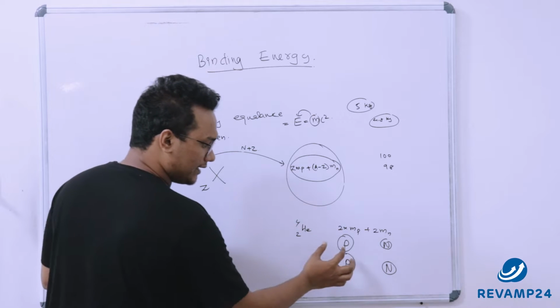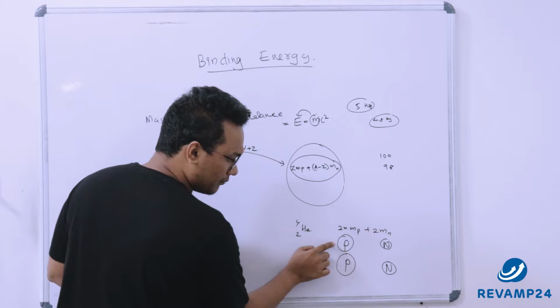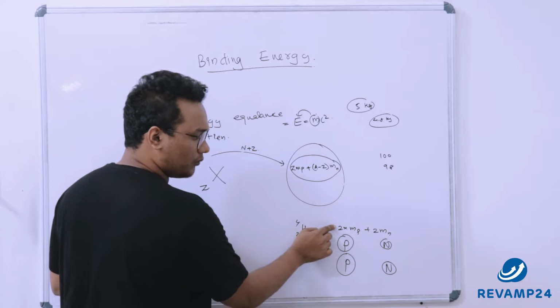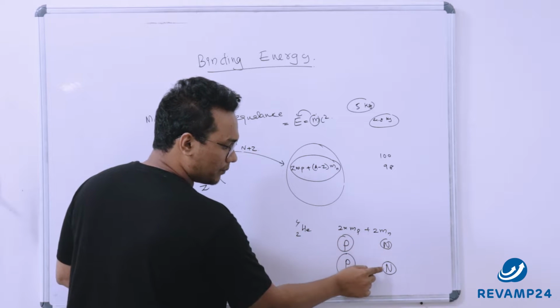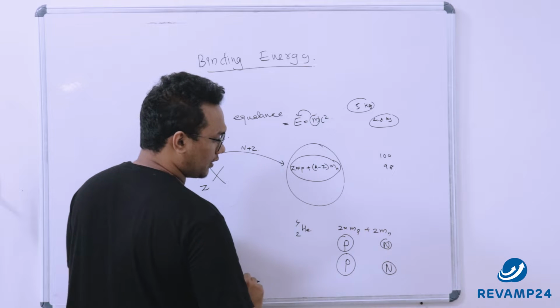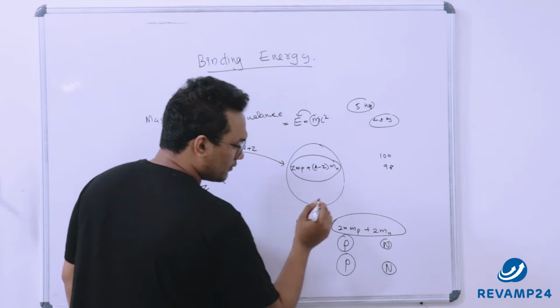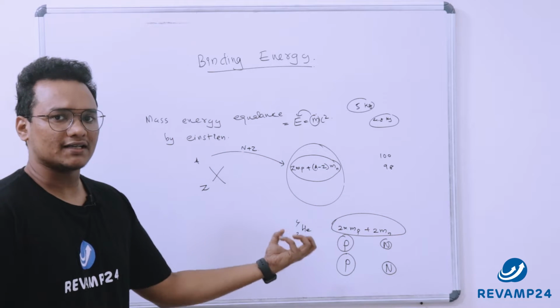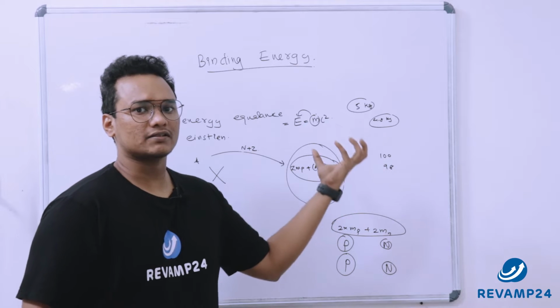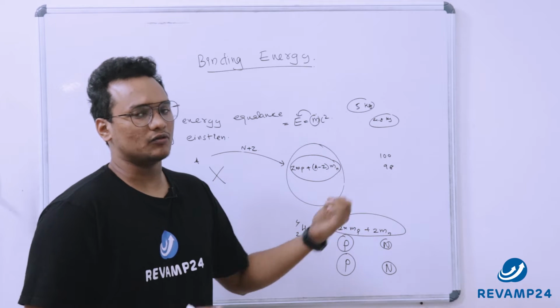So we take the individual masses: 2 times the mass of a proton plus 2 times the mass of a neutron. On adding, we get the total mass of the members of the helium nucleus.